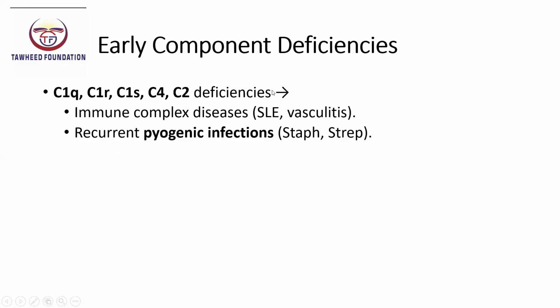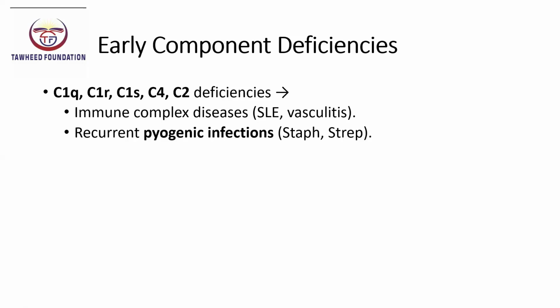Early component deficiencies. Deficiency in early classical pathway components C1q, C1r, C1s, C4, or C2 often leads to defective immune complex clearance.